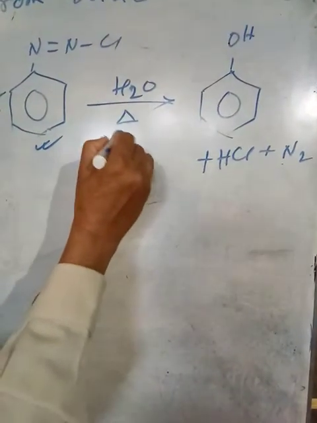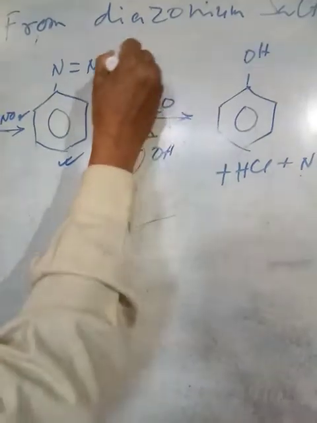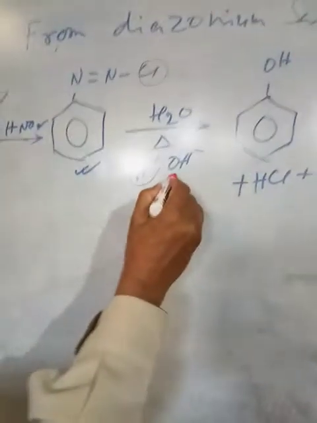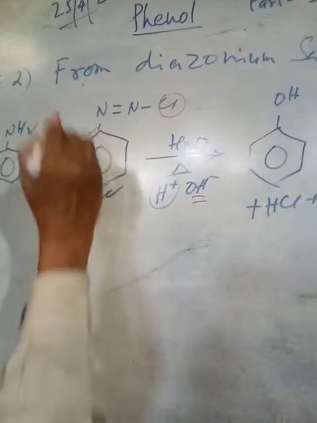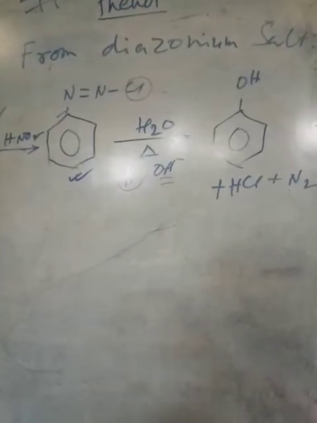H2O means H plus OH minus. This H plus adds to chlorine, and OH minus comes here, and N means N2. These are from diazonium salt.